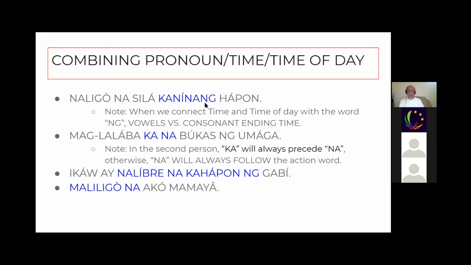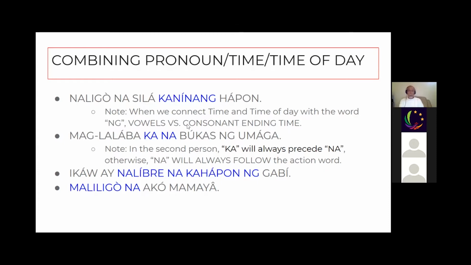So the connective connects with "kanina" because it ends with a vowel, right? But if it's a consonant, then like this one, "kahapon ng gabi," right? Yesterday evening. So the "nang" is separated because it ends with a consonant.